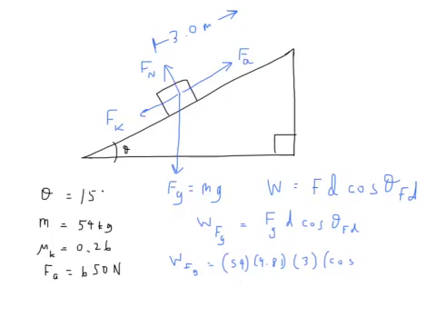Then we have to multiply by the cosine of the angle between the force of gravity and the distance traveled. So gravity pulls down, and the distance is up the ramp, as we've seen. So we have to find this angle here. Now, here's how we can find this angle.